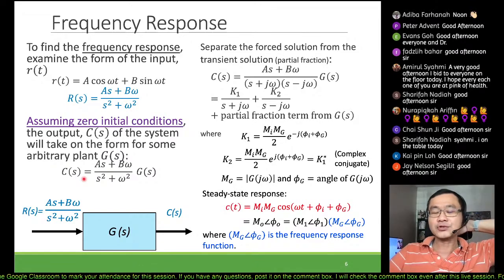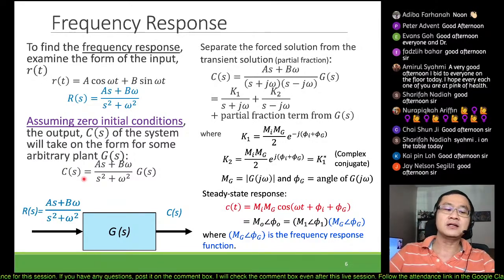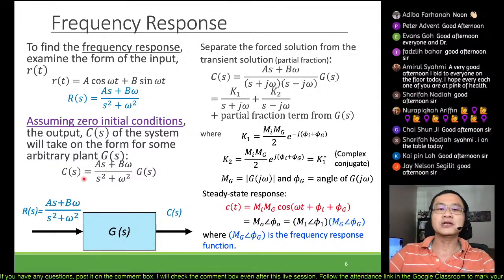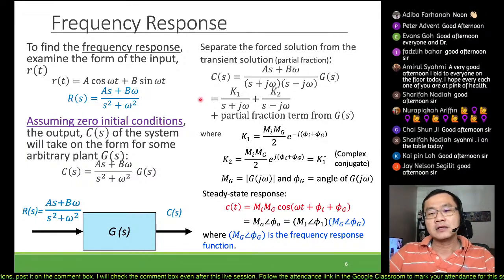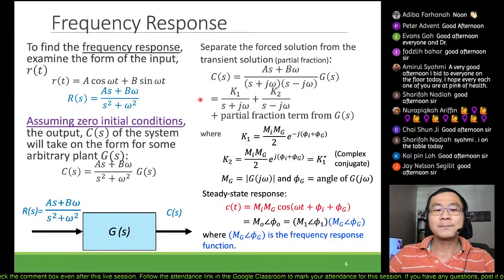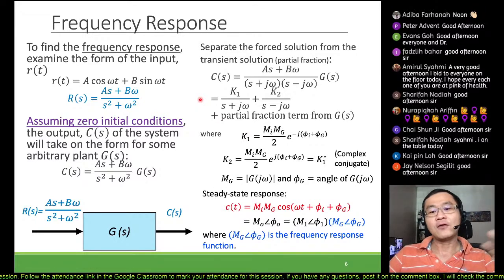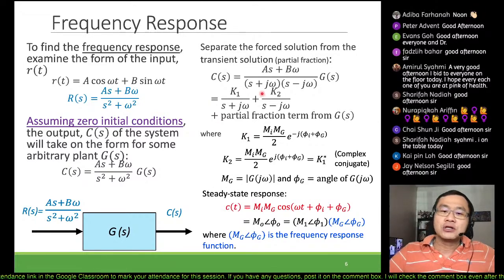This is the general format that we have been familiar with throughout the semester. Only the notation may change from the cosine form into the polar form later on.